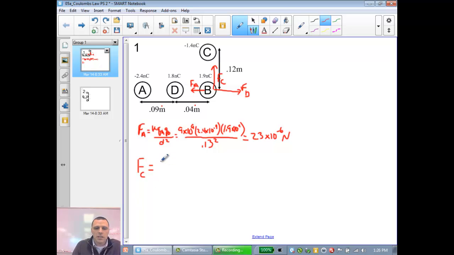Force C, so it's k QC QB over d squared. Numbers are 9 times 10 to the 9th. Charge C is 1.4 times 10 to the negative 9, leaving out the negatives. And B is 1.9 times 10 to the negative 9.